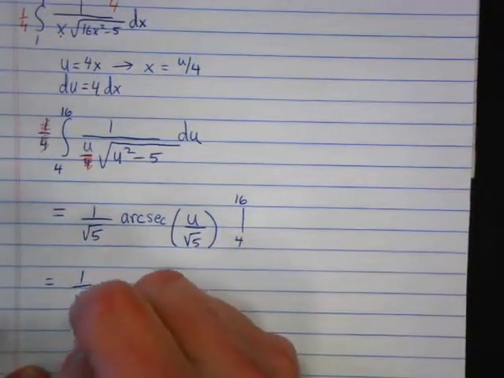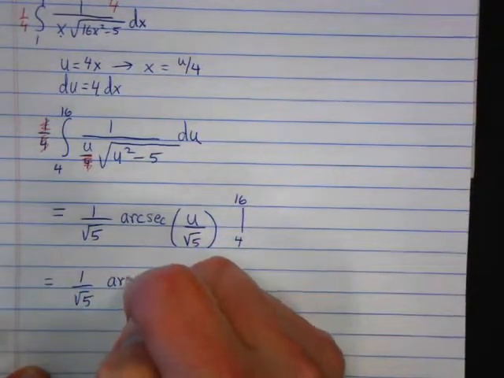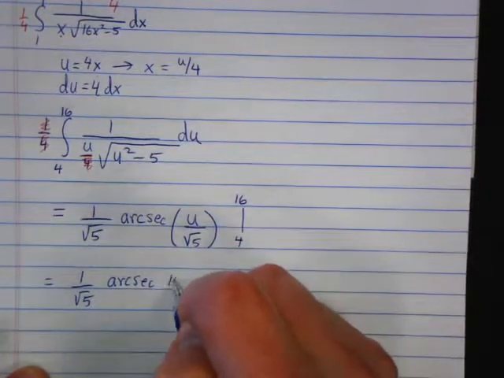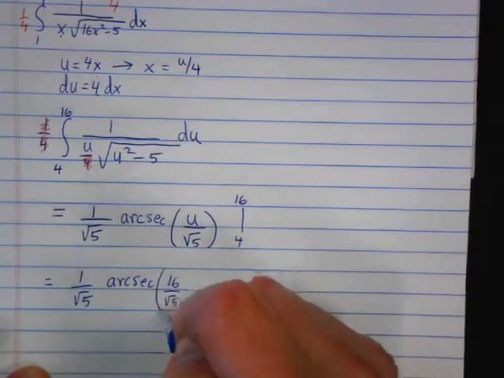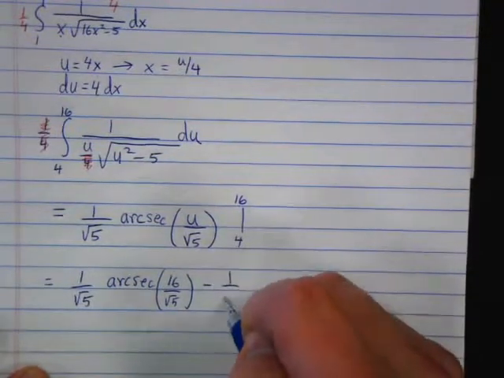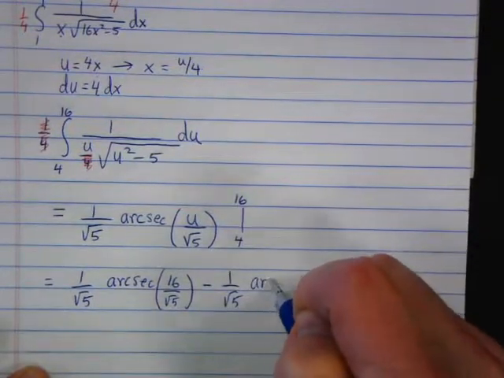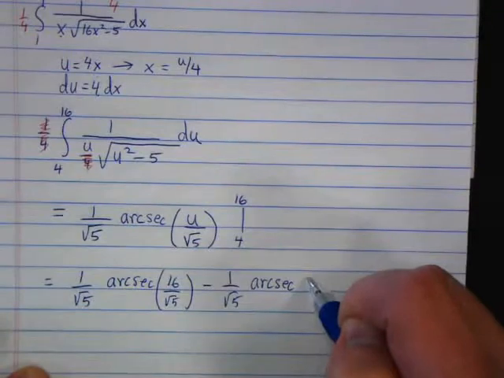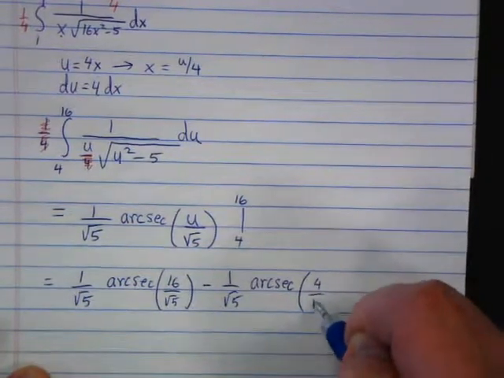1 over the square root of 5 arc secant of 16 over the square root of 5 minus 1 over square root of 5 arc secant of 4 over the square root of 5.